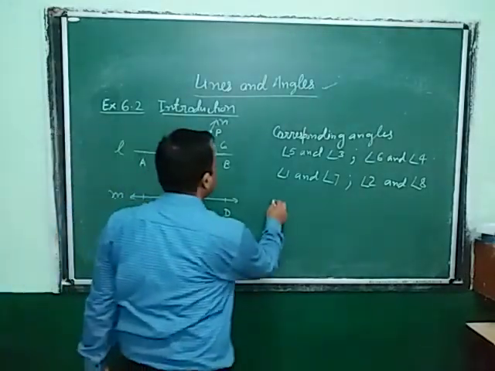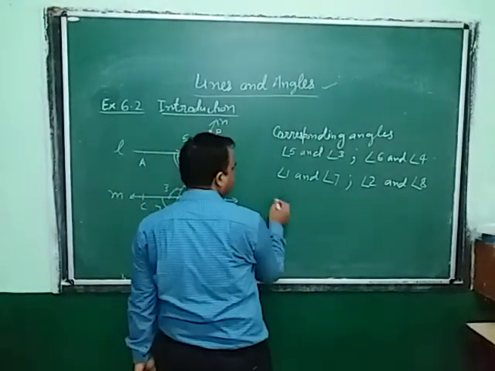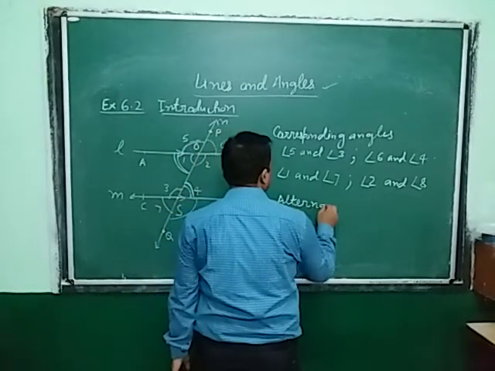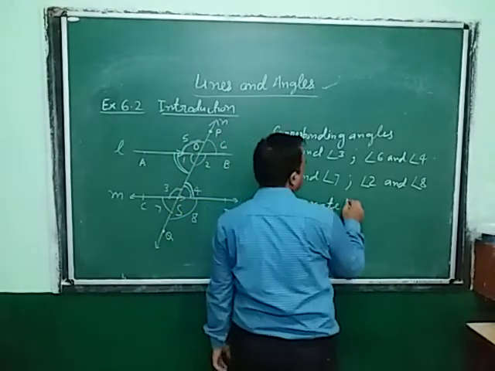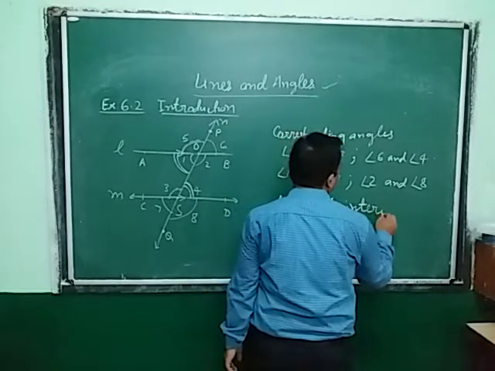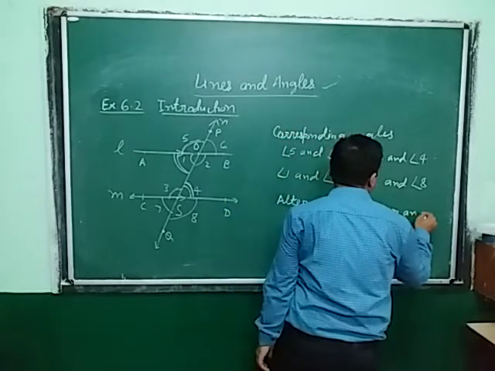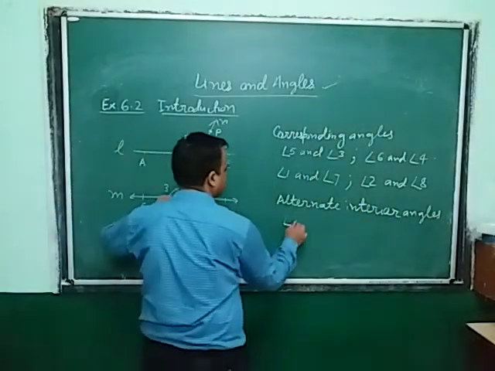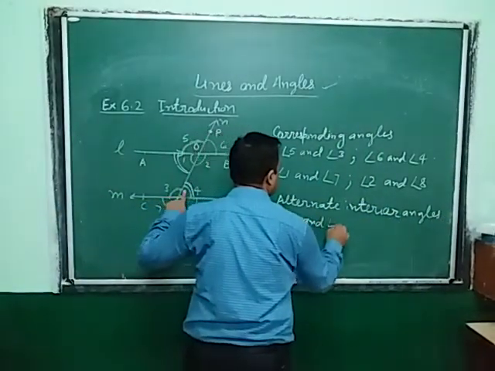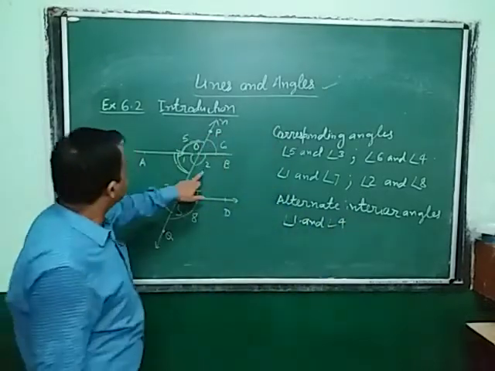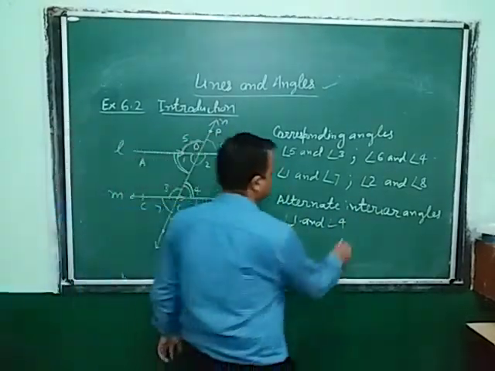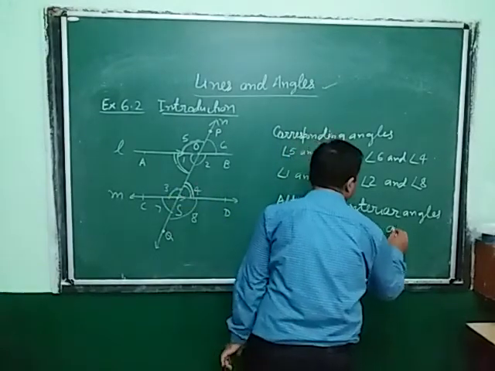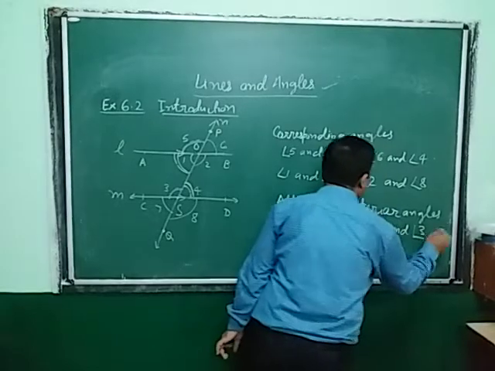So let us write alternate interior angles. Angle 1 and angle 4, and the second pair is angle 2 and angle 3.